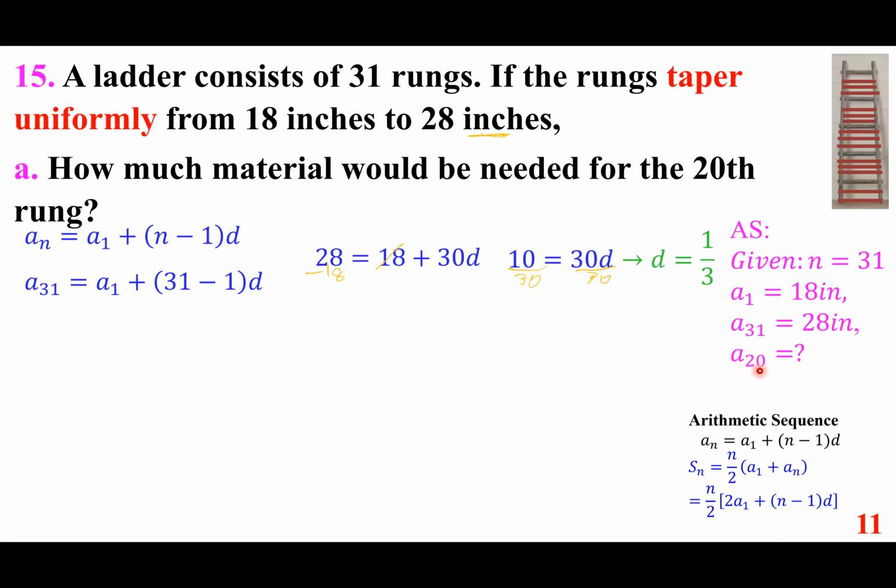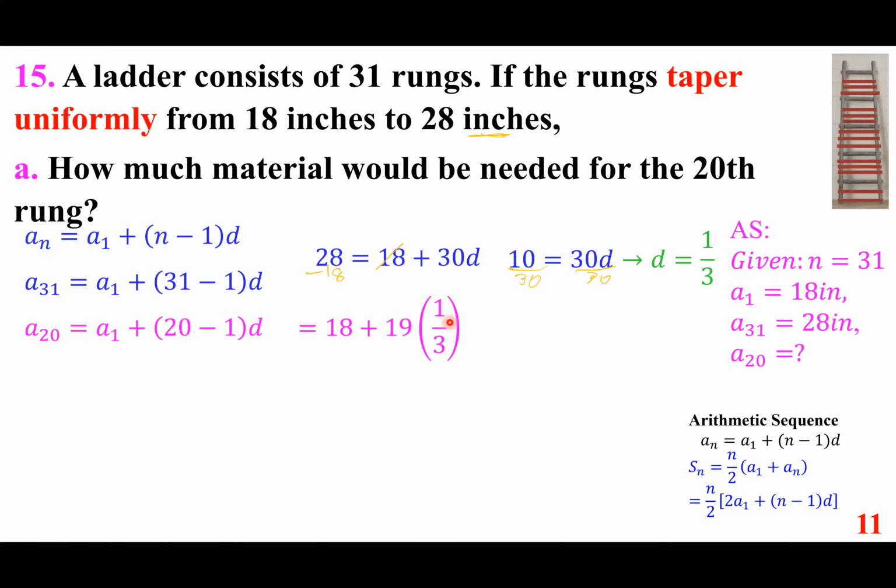A sub 20, we use this formula, a sub 1 plus 20 minus 1 times d, where a sub 1 is 18, and we found d to be 1/3.